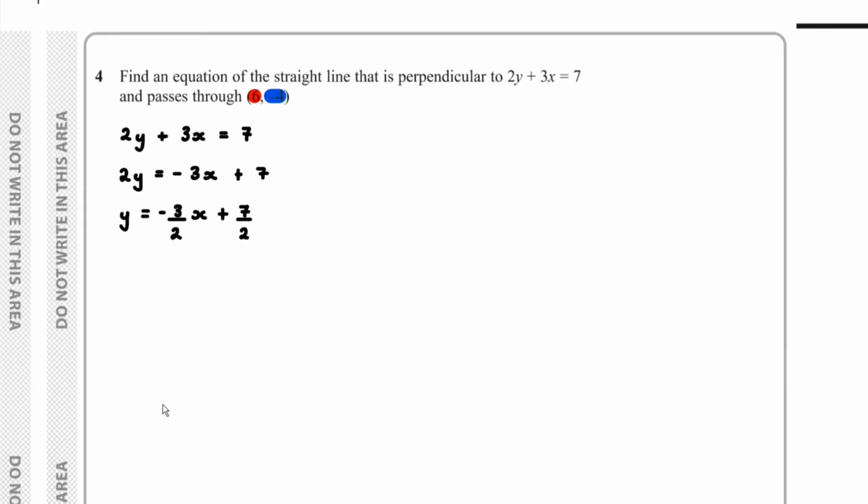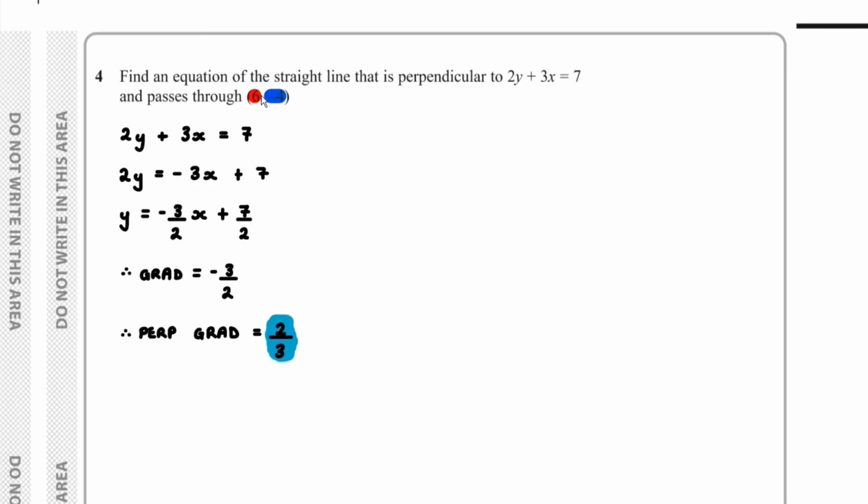So the gradient of this straight line is negative 3 over 2. We want to find an equation of a line that is perpendicular to this equation that passes through this point. So the perpendicular gradient of this is the negative reciprocal of negative 3 over 2, which is 2/3.